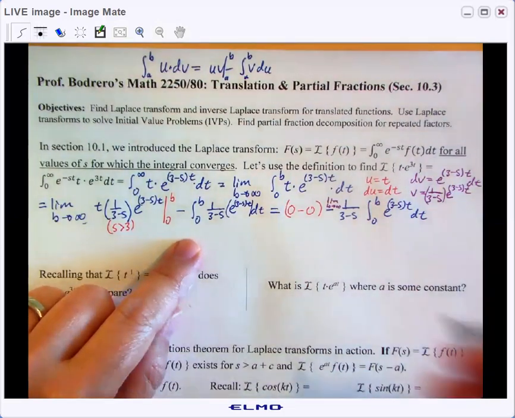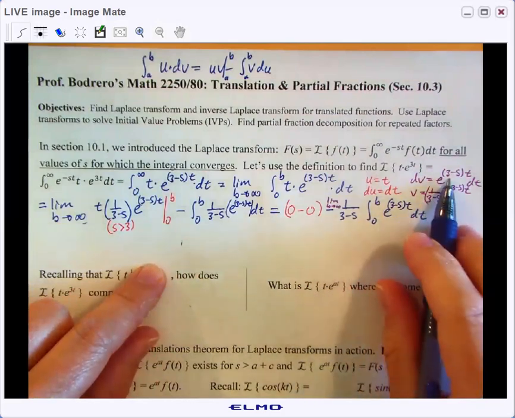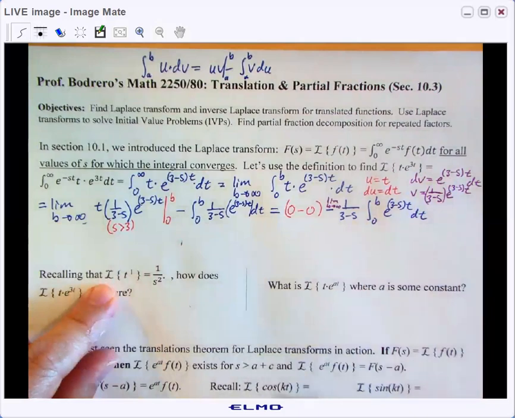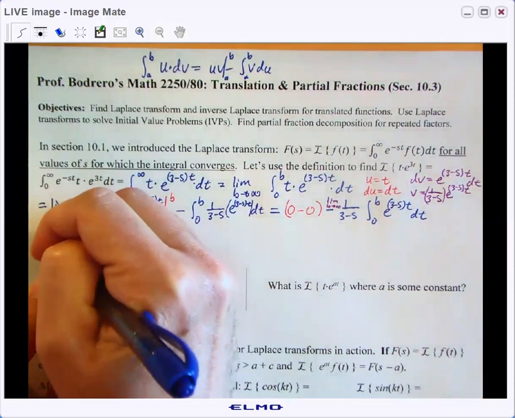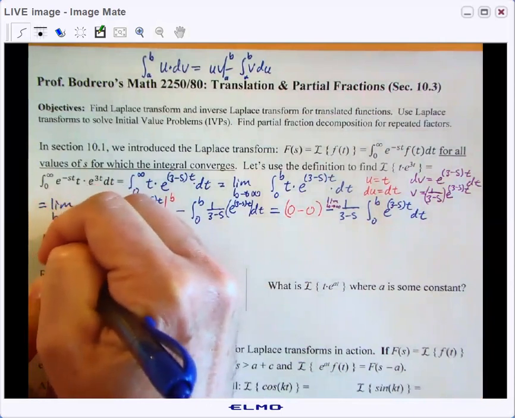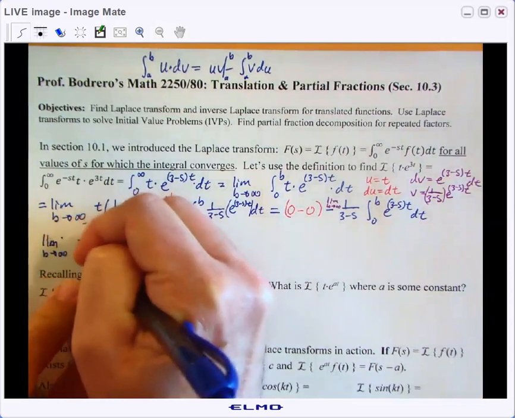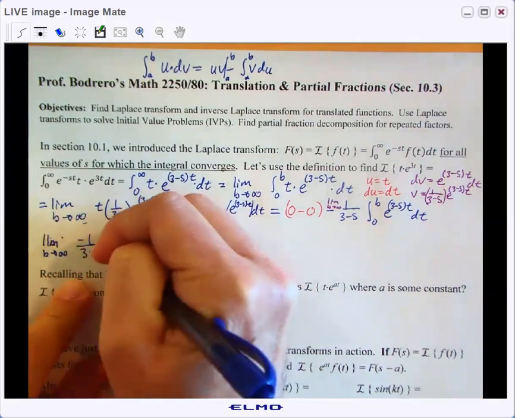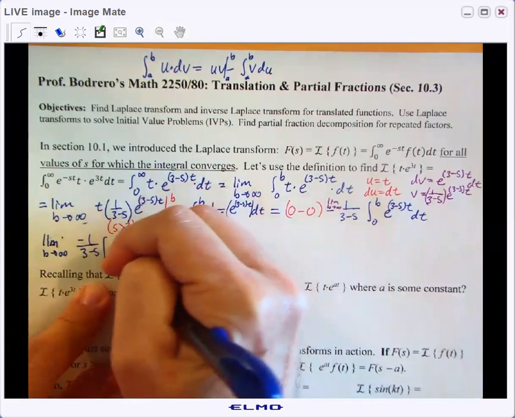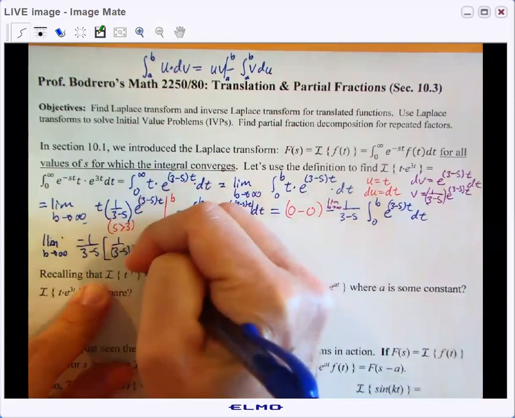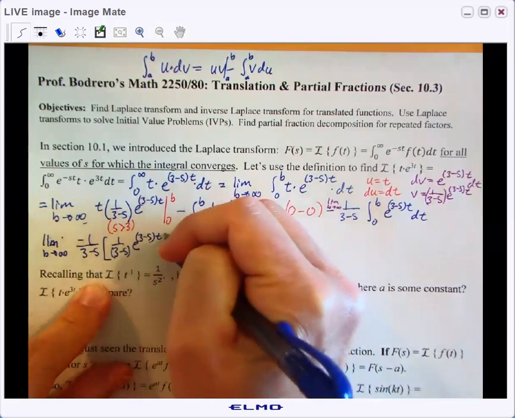So when we do this, oh wait, we've already handled this integral when we were doing our integration by parts. So we're going to get the limit as b approaches infinity of negative 1 over (3 minus s) times the antiderivative of this, which is 1 over (3 minus s) e to the (3 minus s)t.